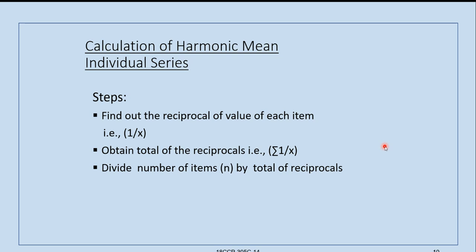Then we will take 6 divided by 0.05. Then the result of this calculation is the value of harmonic mean. So this is the procedure for calculating the harmonic mean in individual observations.